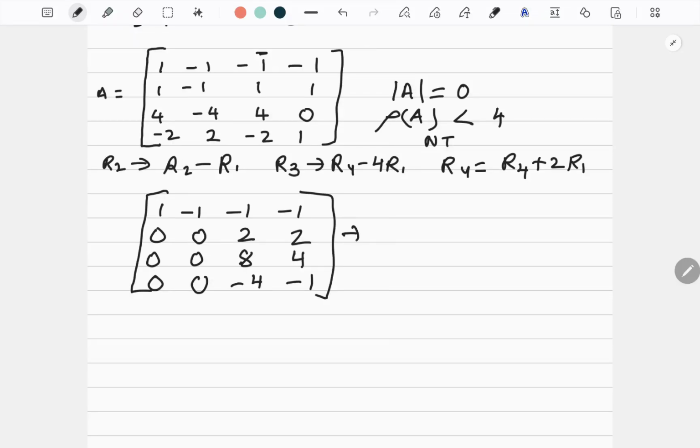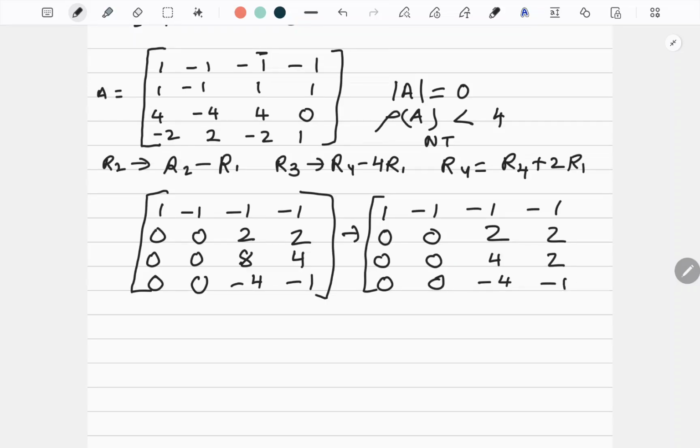Right? So let me rewrite the given matrix. 1, minus 1, minus 1, minus 1; 0, 0, 2, 2; 0, 0, 4, 2. Intentionally I have done this. I could have done it by 4, but to make my question easy I did it like this. So the next operation will be easy. Now in R4 you do R4 plus R3.